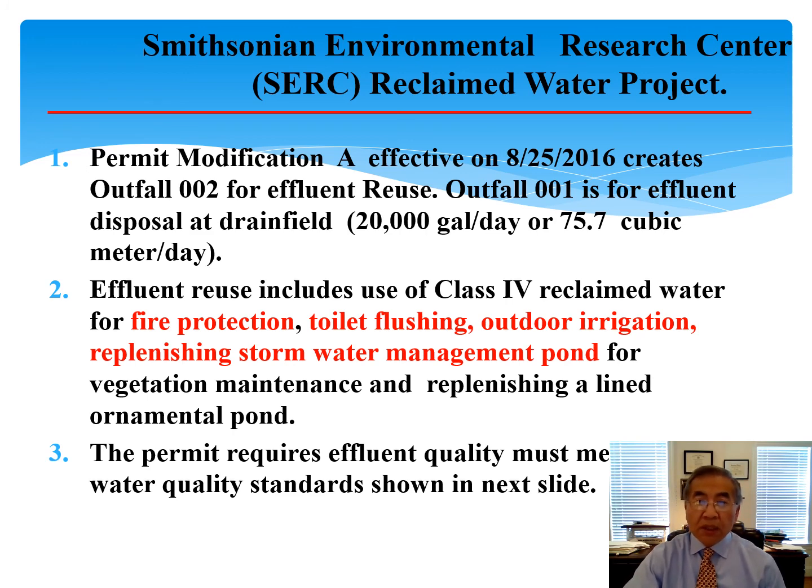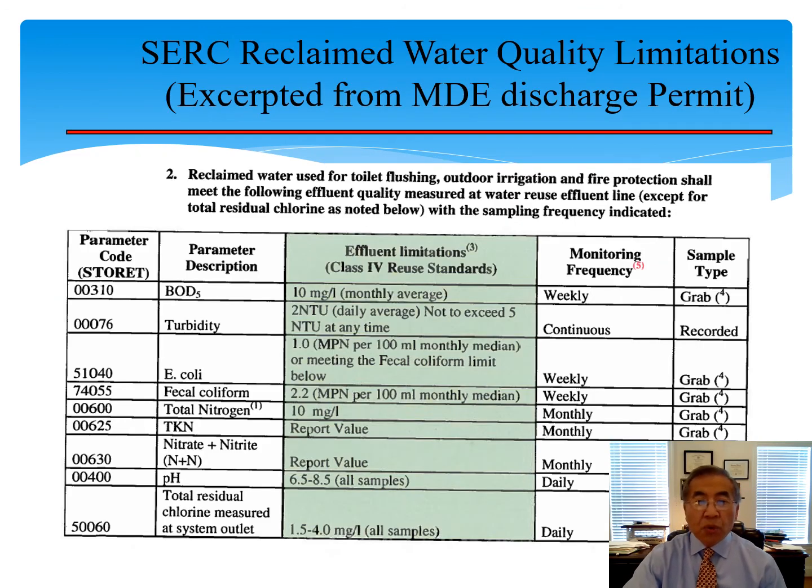The water quality is shown in the next slide. The requirement in the discharge permit says they have to meet this kind of water quality before it can be reused: BOD 10, turbidity maximum less than 5 NTU, and so on. Pathogens and also total residual chlorine have to meet 1.5 to 4.